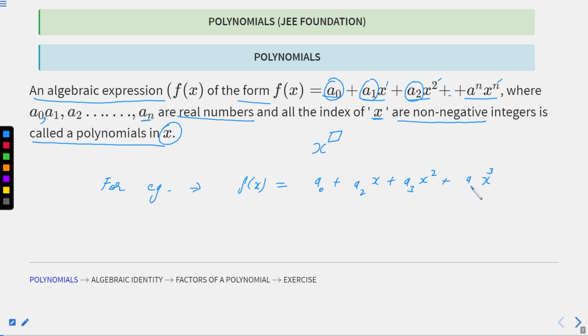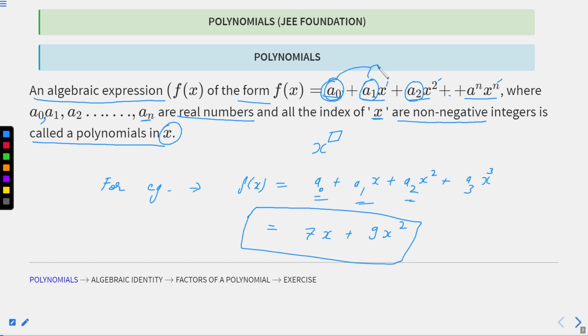Now for another example, if you are taking a naught, a1, a2 as real numbers, then 7x plus 9x square is also my polynomial. I hope you are now clear what we mean by polynomials and how they are represented.